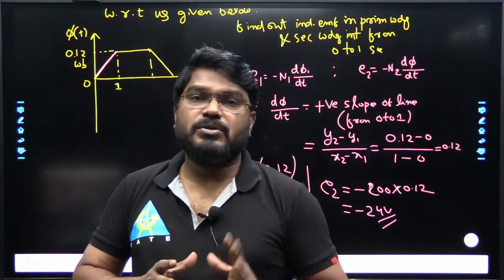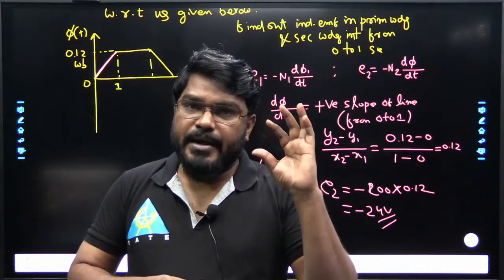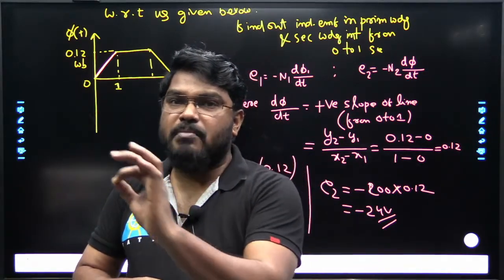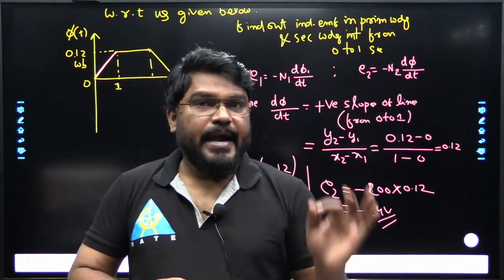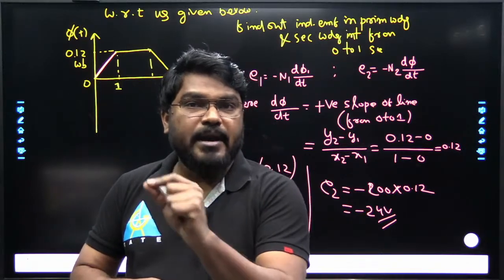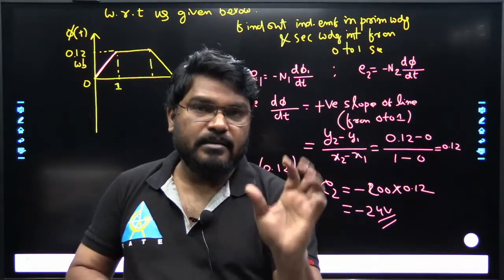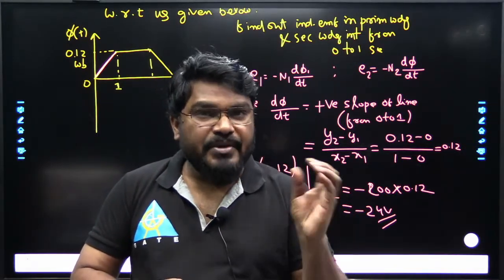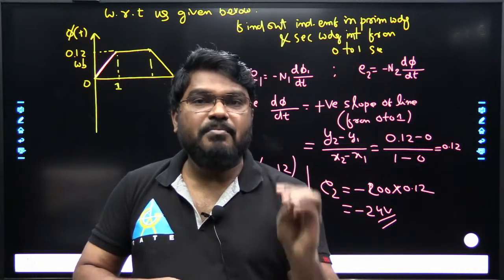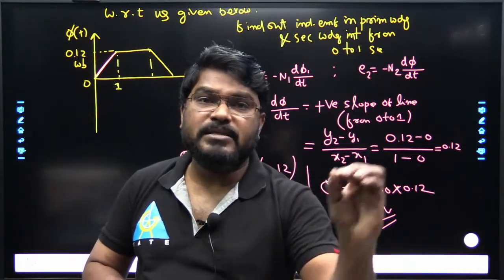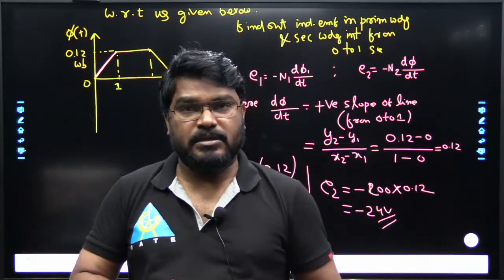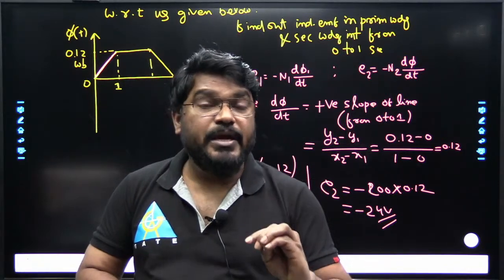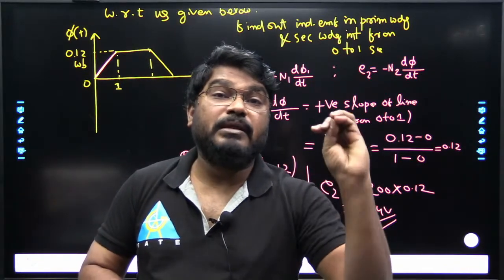Magnitude of the flux can be obtained using Ampere's law. Direction of the flux can be obtained using the right hand thumb rule. Magnitude of induced EMF in a coil can be obtained using Faraday's laws of electromagnetic induction. Direction of that induced EMF can be obtained using Lenz's law.